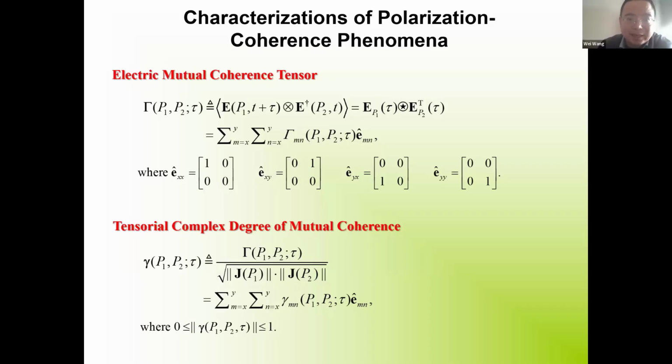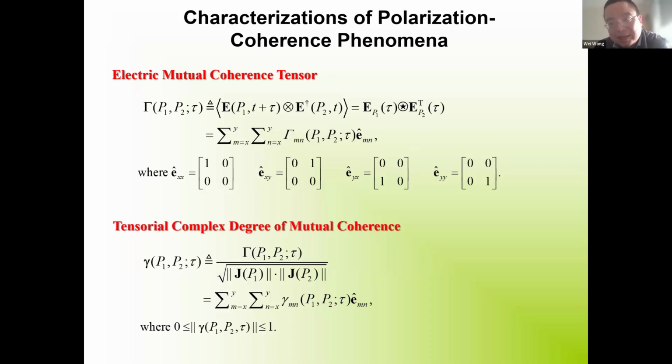This is the gamma. Basically, this gamma is the time averaged optical fields at different spatial points, P1 and P2, with a time delay of tau. As you see here, this is the Kronecker product of the electric field vector.